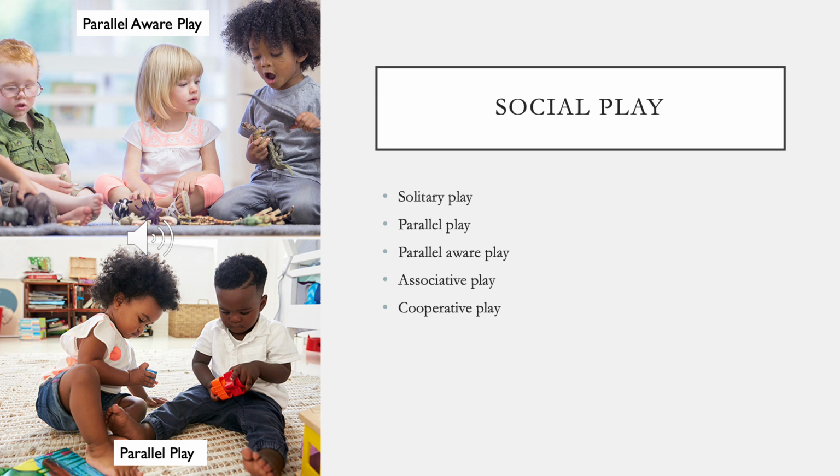So we're first going to talk about solitary play. Although solitary play is when children are playing by themselves, they are, however, glancing at other children while they're playing. They're interested in others' actions, but they don't yet have the social and communication skills to be able to interact with others and coordinate movements or behaviors of play.